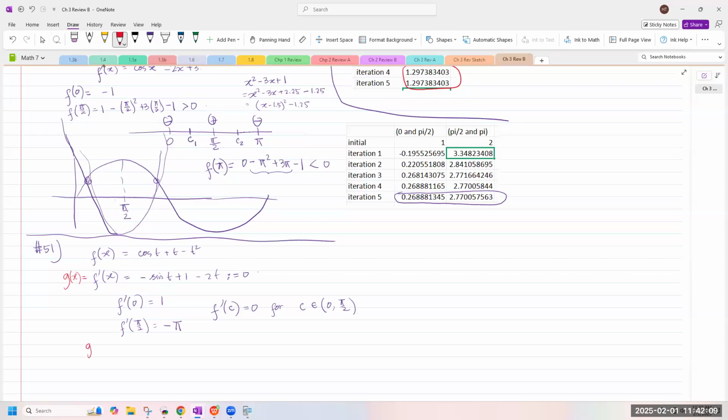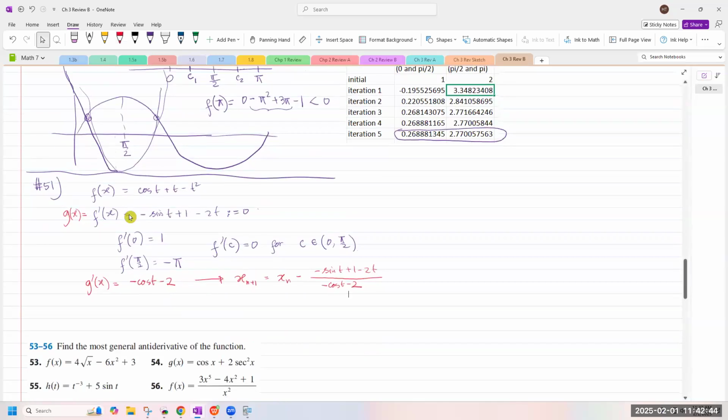Okay, so what is g prime of x that we will use in our Newton's method later on? That will be negative cosine t minus 2. So our formula later on will be x_{n+1} equals x_n minus g(x), which is negative sine t plus 1 minus 2t, over g prime(x), that's negative cosine t minus 2.